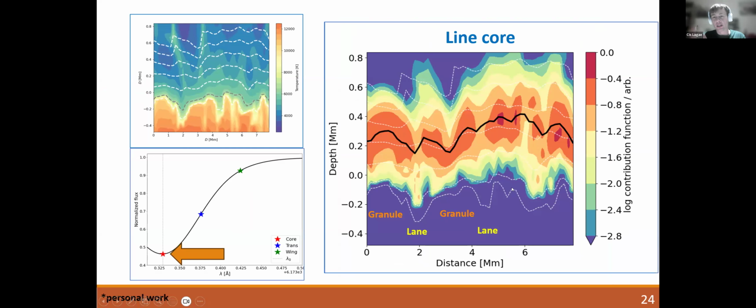It's not just one layer where our spectral line is formed. This is many hundreds of kilometers. So you're probing the velocity fields in all these layers. They all contribute to the spectral line. Also interesting to note here, which was interesting to me as well, is that for the line core, most of the flux is formed above the granules, while above the lanes, it seems there's a lesser contribution to the line formation.